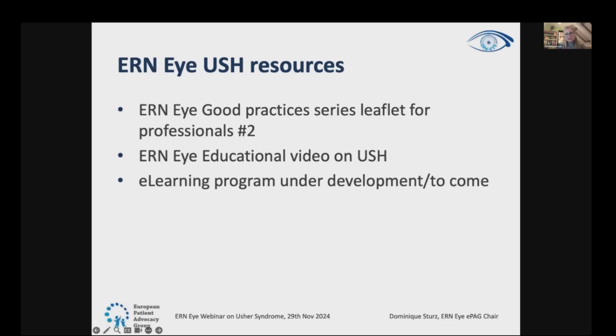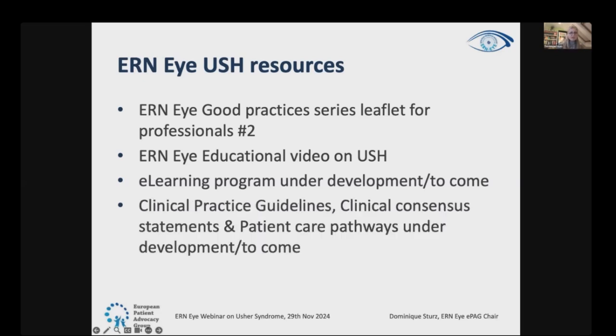There are e-learning programs under development, and certainly there will also be one for Usher syndrome one day. At the moment, there is one under development for pediatric ophthalmology, which is for all rare eye diseases, but which will also cover some aspects of what is relevant to patients and their families and what they expect from HCPs in the clinical setting, etc. And there are also clinical practice guidelines, consensus statements and care pathways under development.